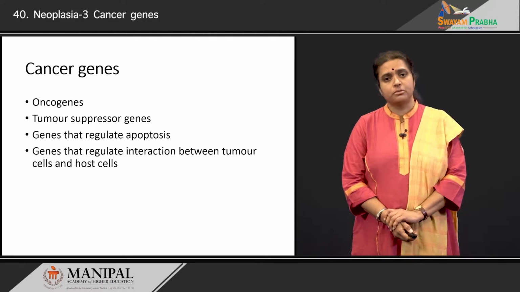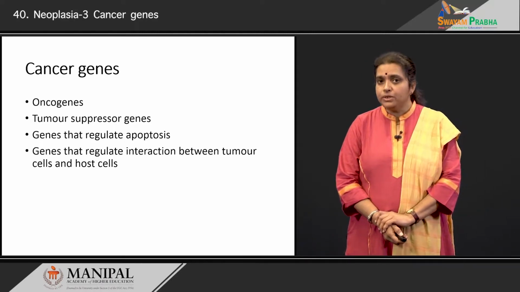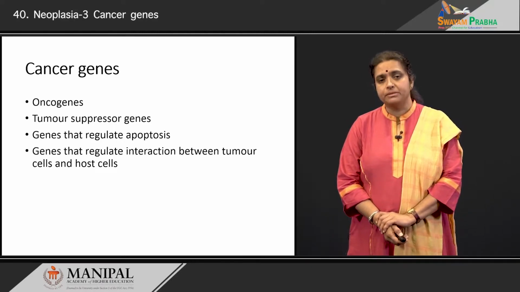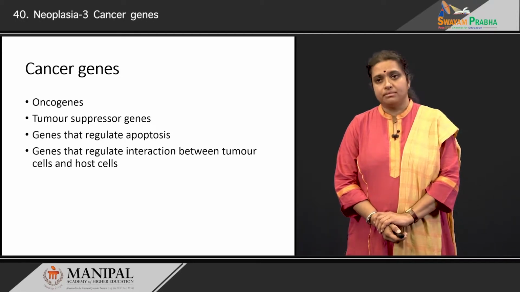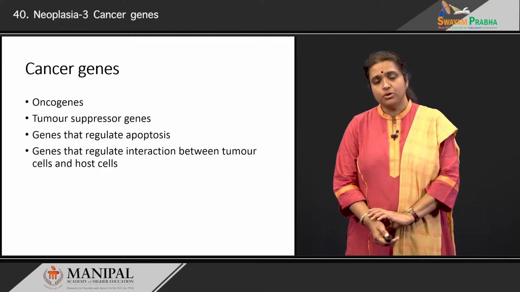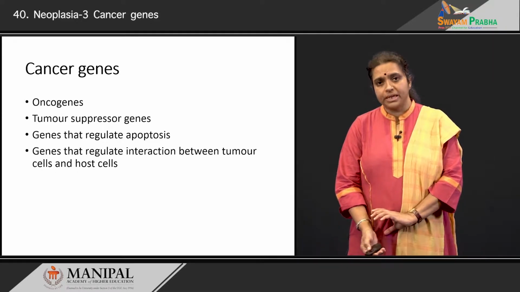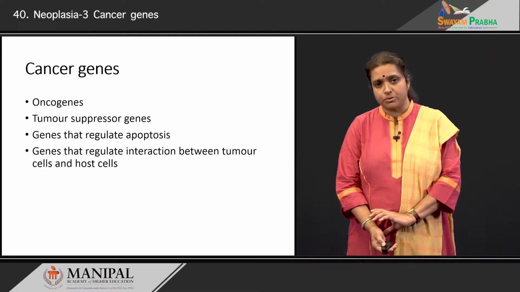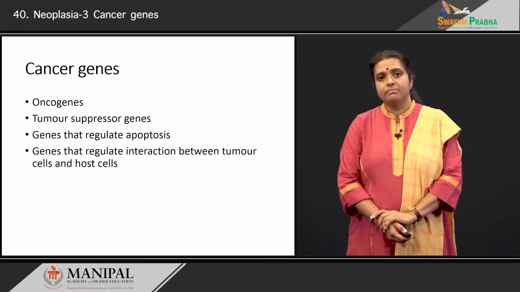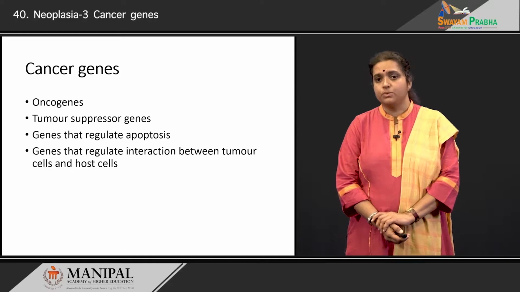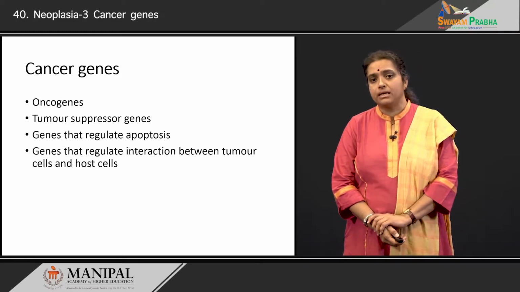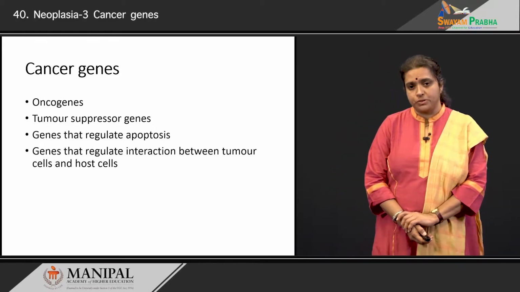We know that apoptosis or cell death is a kind of safety mechanism wherein a damaged cell dies, because you do not want a damaged cell to propagate itself. When this regulatory mechanism is faulty, it can give rise to cancer. So, one of the classes of cancer genes are the genes that regulate apoptosis.